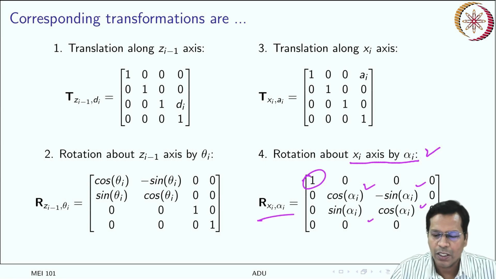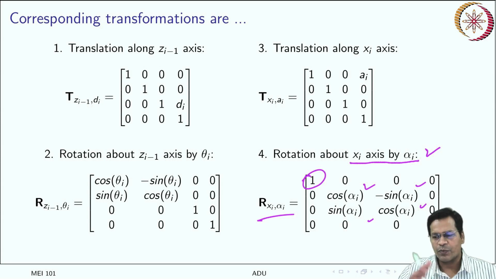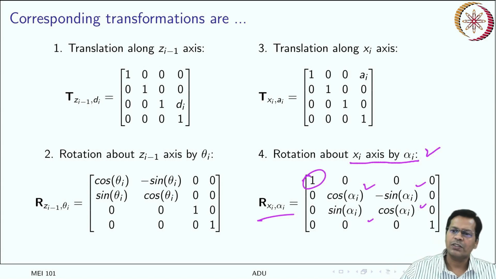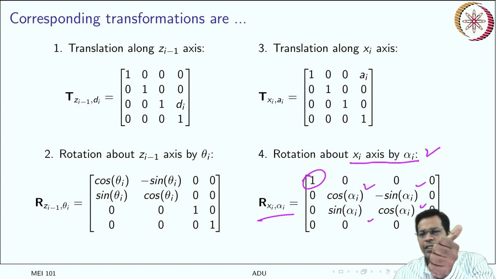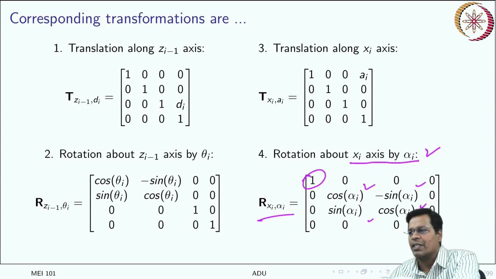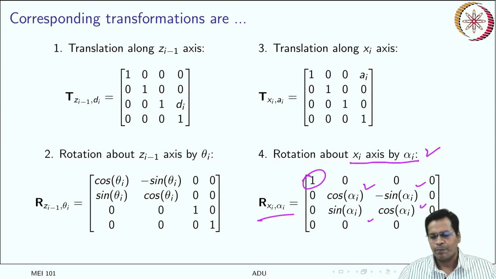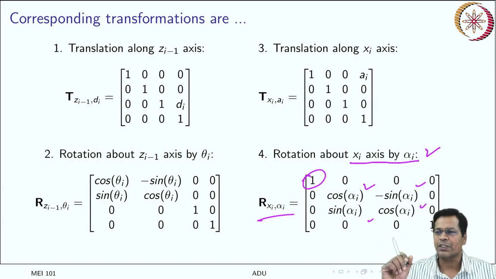Now look carefully, none of them were global transformations. That means the first transformation was a displacement from the starting frame, then it was a relative rotation, again relative, and finally you reach the end point, that is Oi. So all were relative transformations.